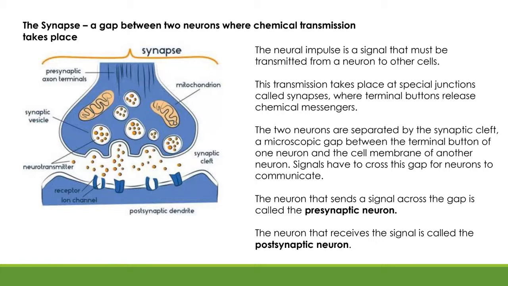I think you might have heard of neurotransmitters, but we'll discuss these in a little bit more detail. And that is what is released when that action potential reaches that axon terminal. Those little synaptic vesicles are opened, and those neurotransmitters are released through the membranes, and they are what travels across the synaptic cleft.